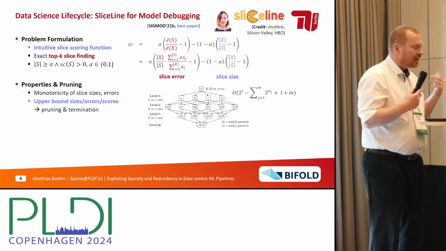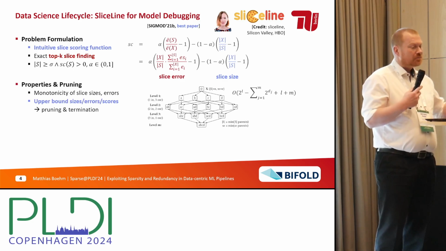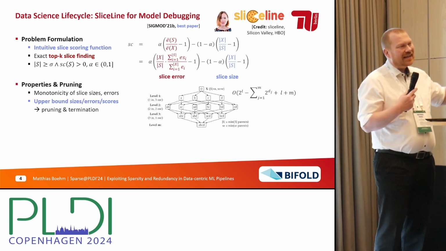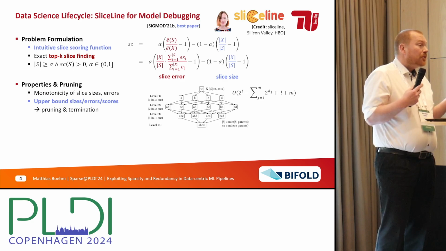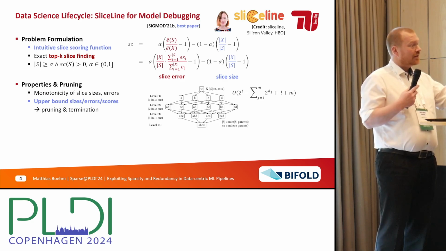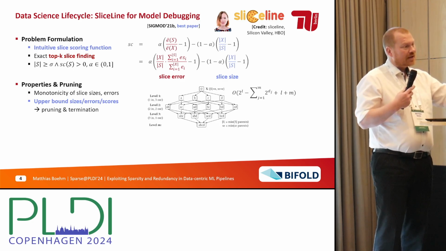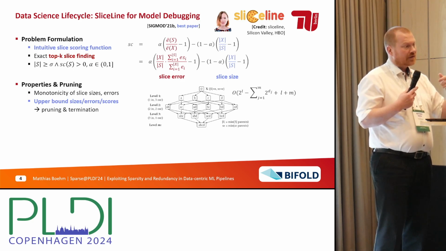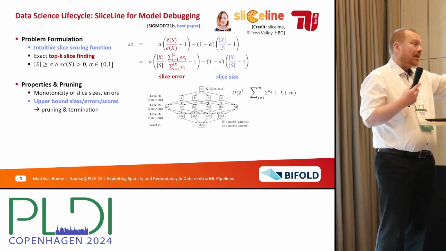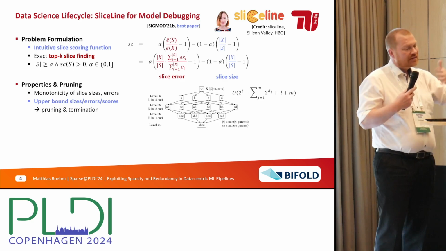Now, we formulated this as an enumeration problem, where we look at the entire lattice of all conjunctions of attributes, but we exploit monotonicity. So for degree PhD, gender female, this slice can only be frequent if both of its subsets are also frequent. And if that is not the case, we can prune any reachable nodes in this lattice.